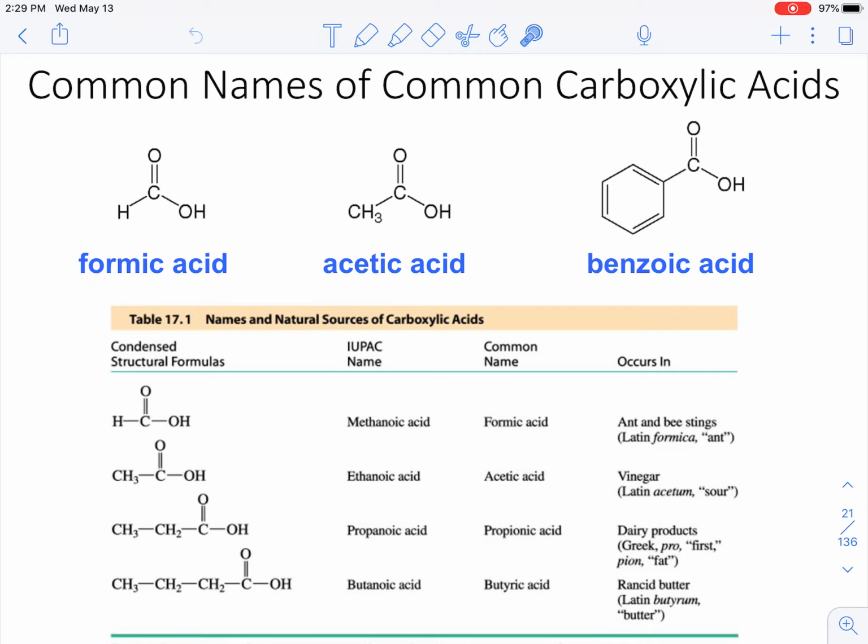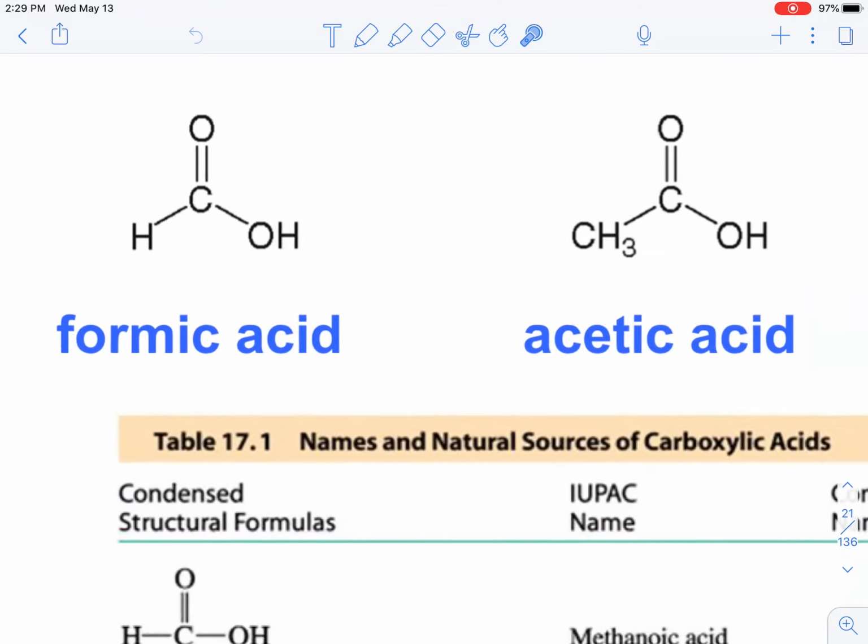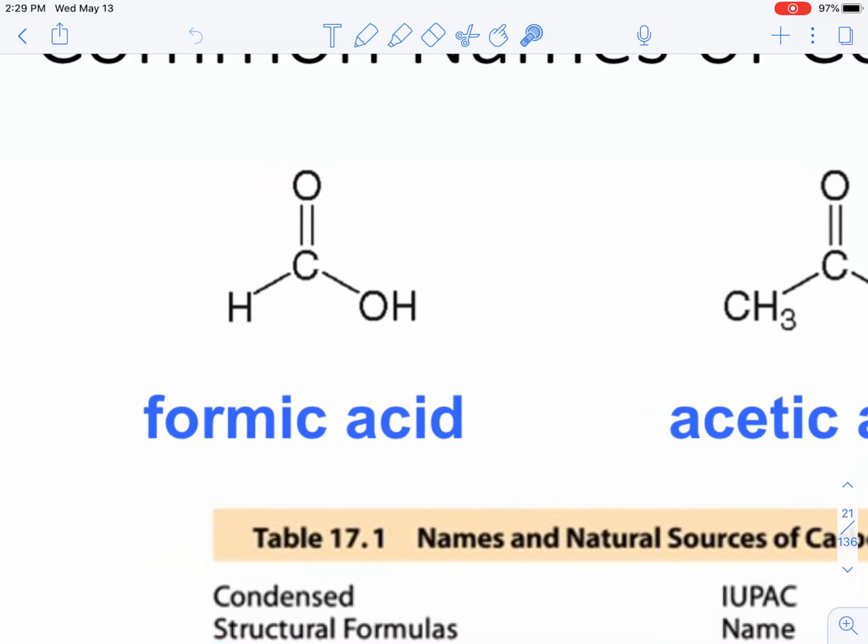Before we talk about the IUPAC nomenclature for organic compounds with carboxylic acids as their main functional group, we're going to take a look at the structure of a carboxylic acid.